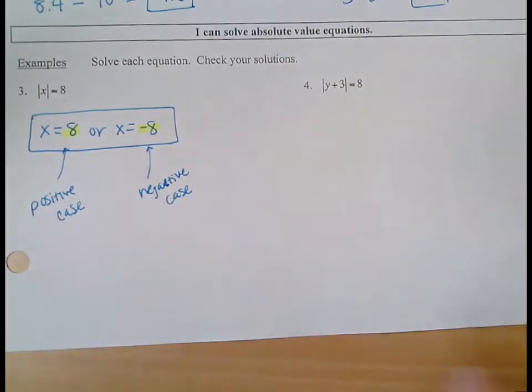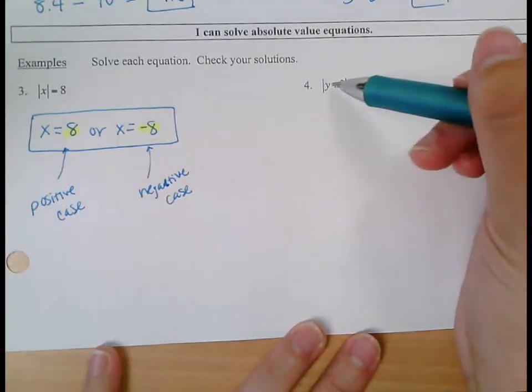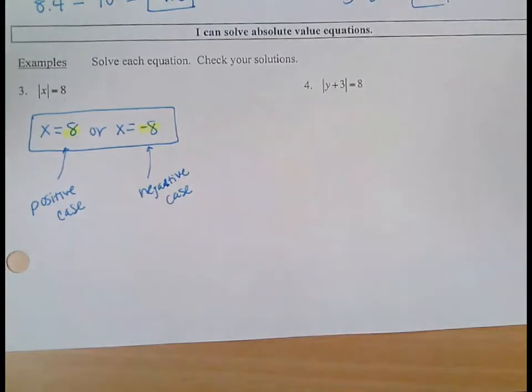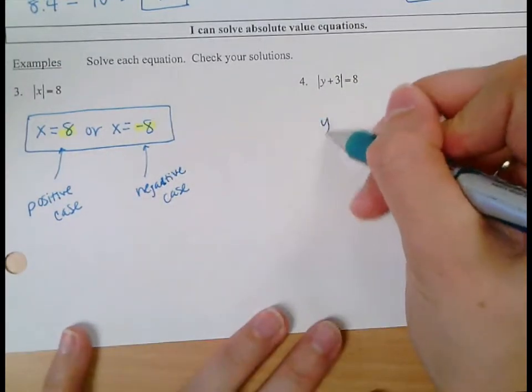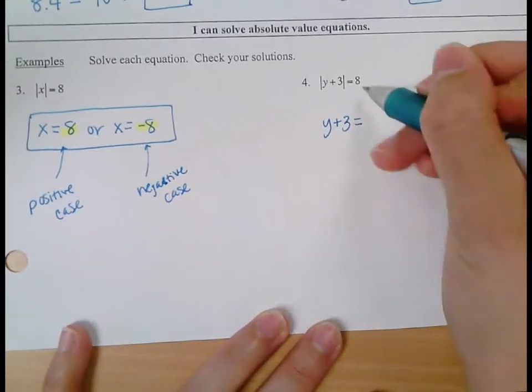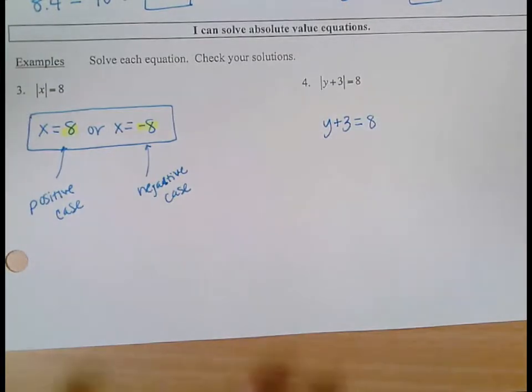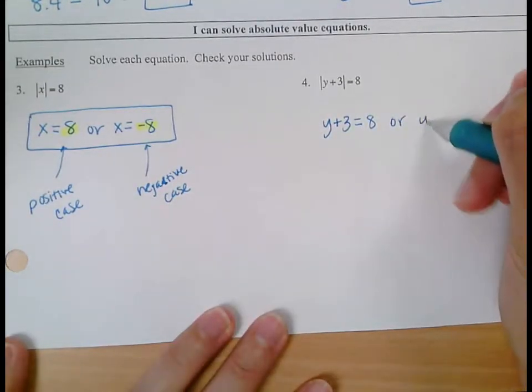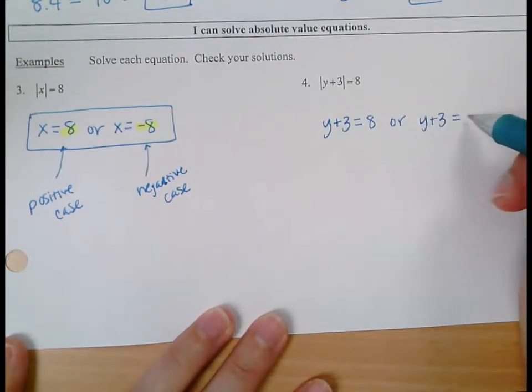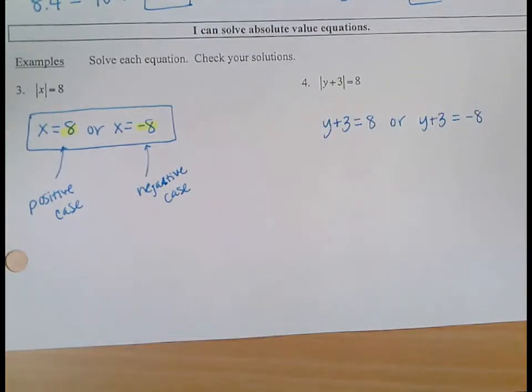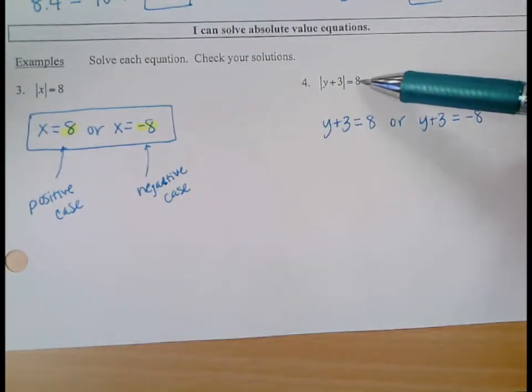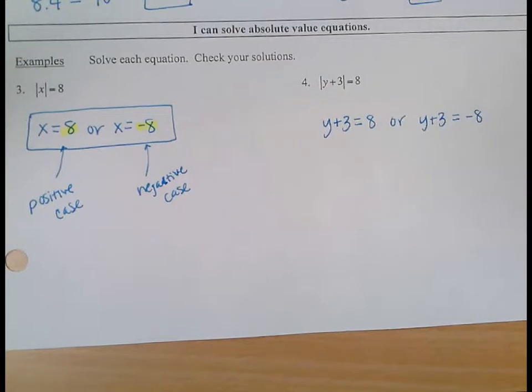Before I solve this, I should set up the two cases, the positive and the negative case. The positive case would be keep what's inside the absolute value bars the same. Y plus 3 equals the positive 8, or the y plus 3 could equal -8. So you're just changing that right side to a negative in the second case.